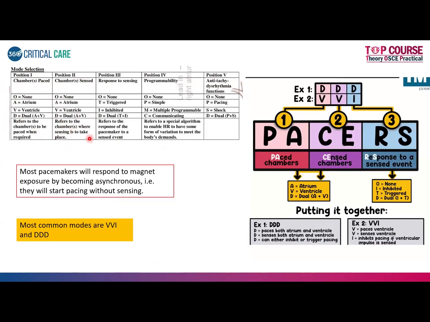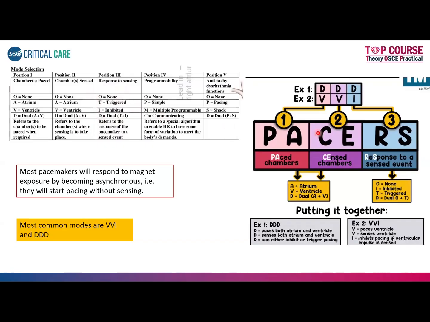After the sensing takes place, what is the response to that sensing event? That is given by position 3. That is none, triggered, inhibited, and dual. And last is programmability and anti-dysrhythmic functions.